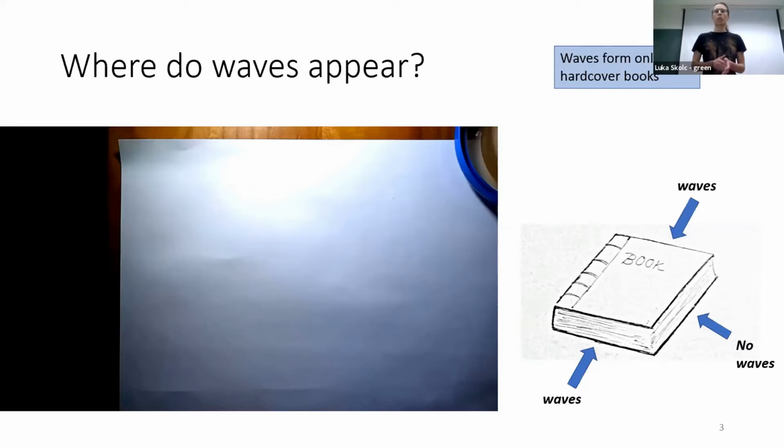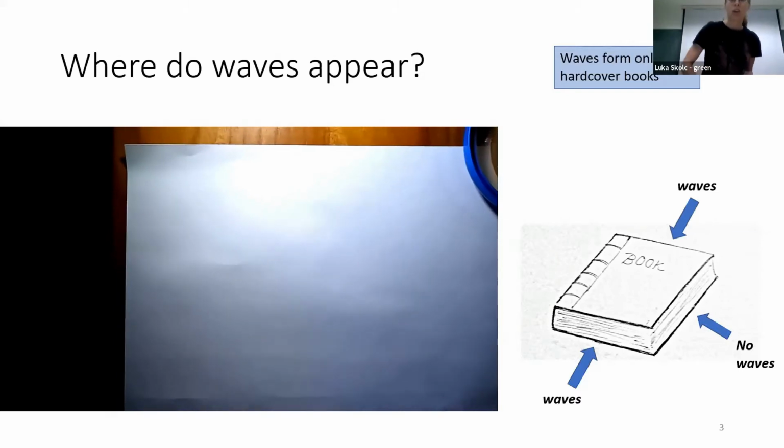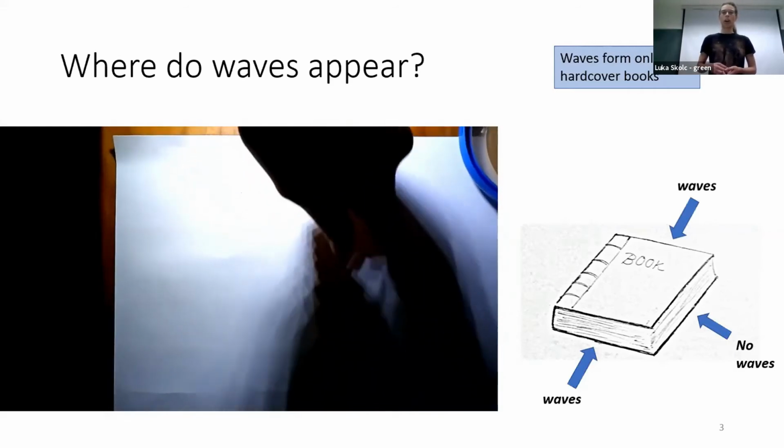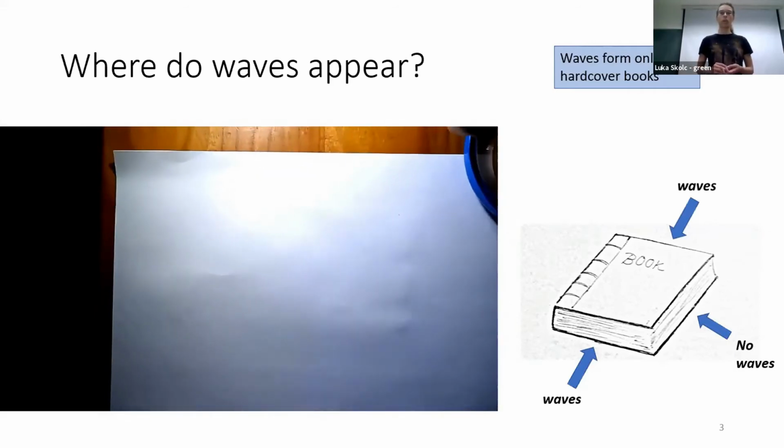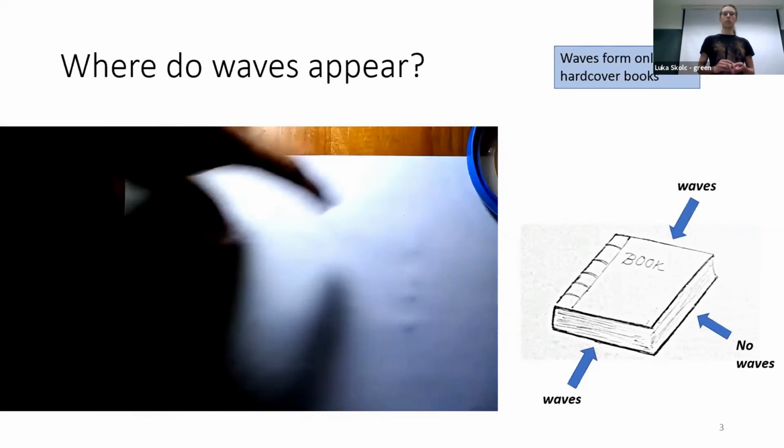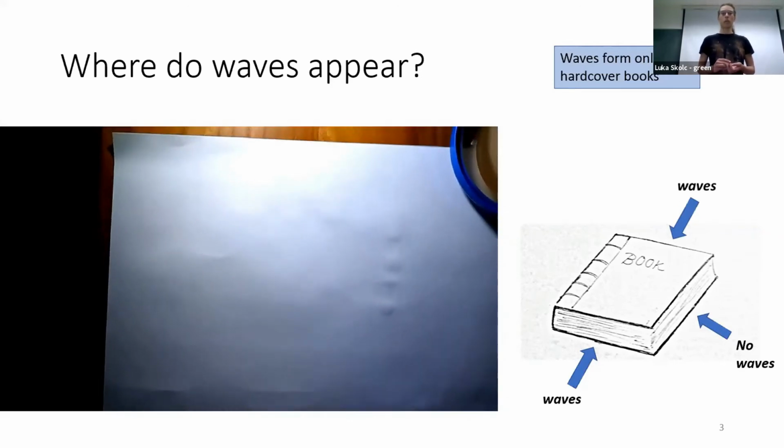We know that paper is made of fibers and that those fibers are oriented in some direction. So let's see whether that direction matters. We wet a line along the short edge of paper and along the long edge, and we expected both to become wavy.